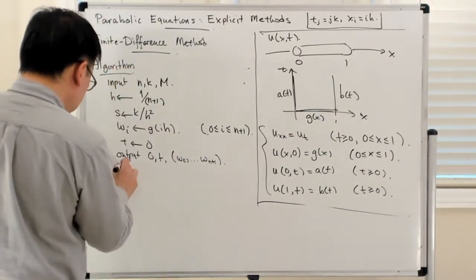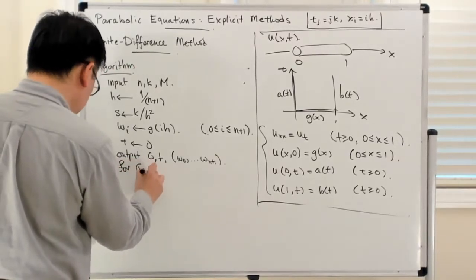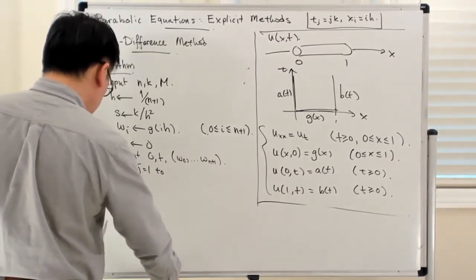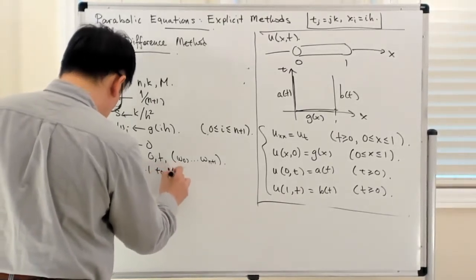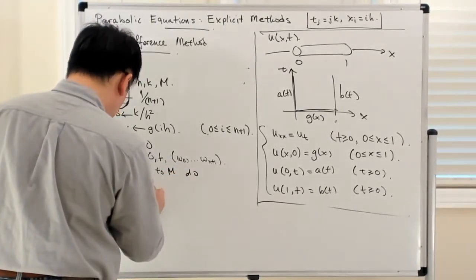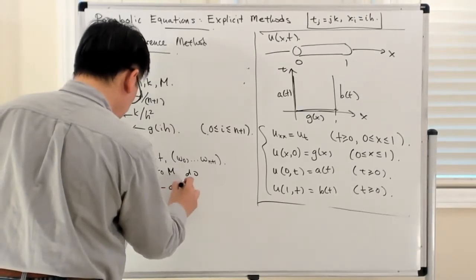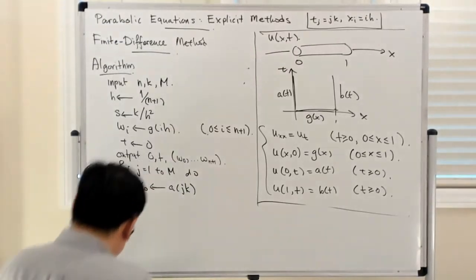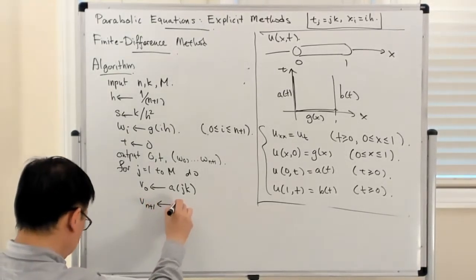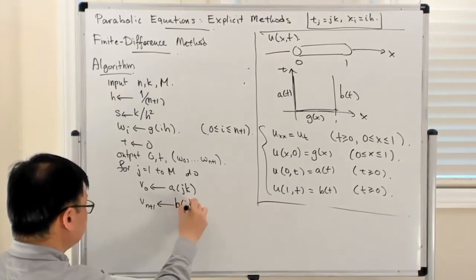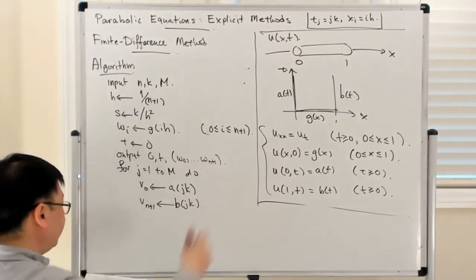All right, so for j equals 1 to m, you do the following. v_0 is a at jk, and v_{n+1} is b at jk. So this is just the boundary data on the left and right.